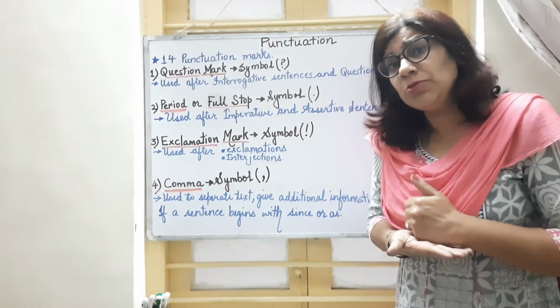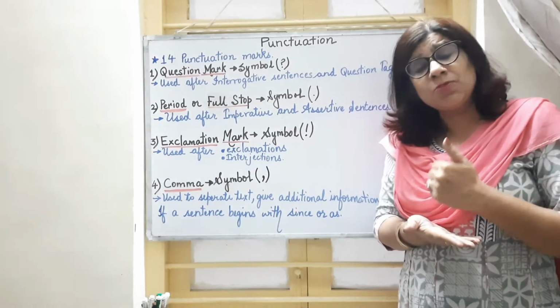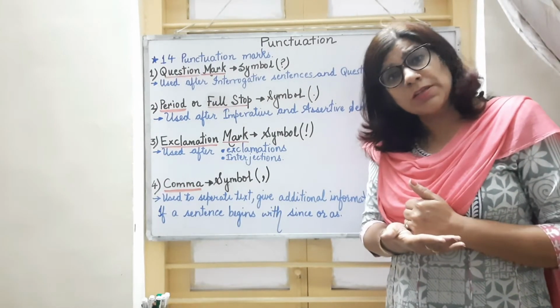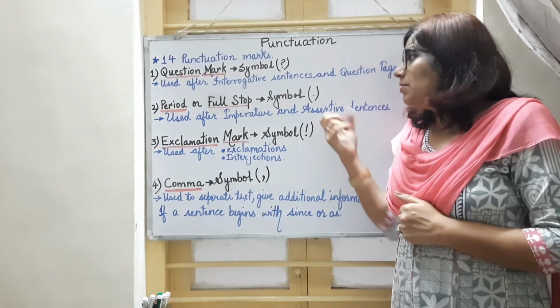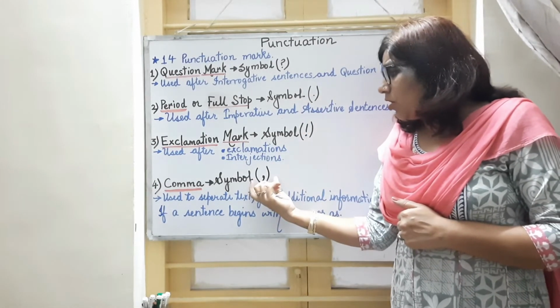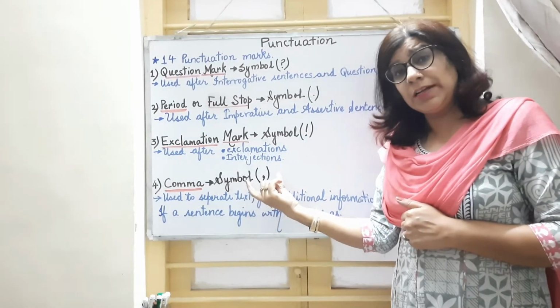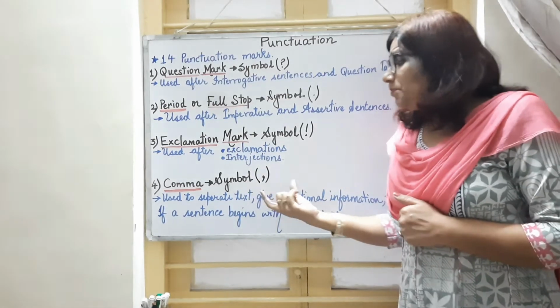We have not come to an end of whatever we are speaking or writing, but we just want to take a small or brief pause. That time we are going to use a comma, because when we have finished, then we are going to use a full stop. But when we wish to use a comma, remember we are taking a brief pause.